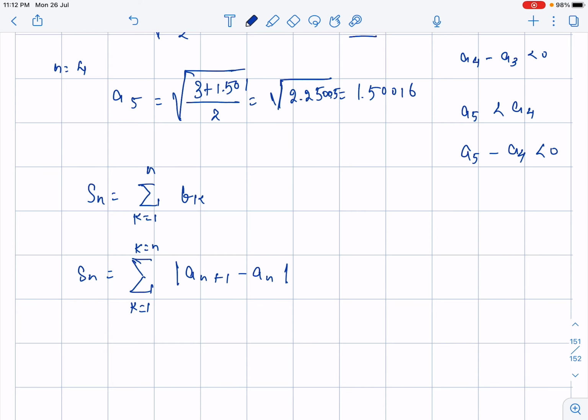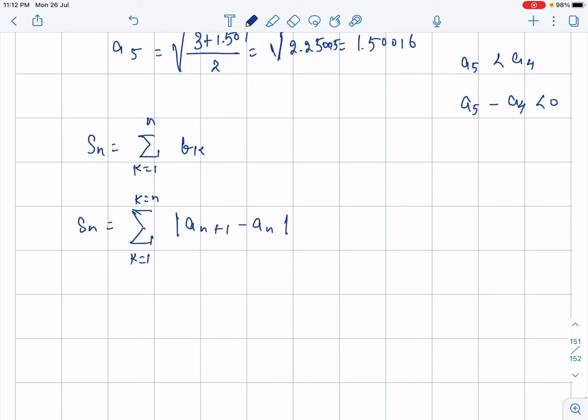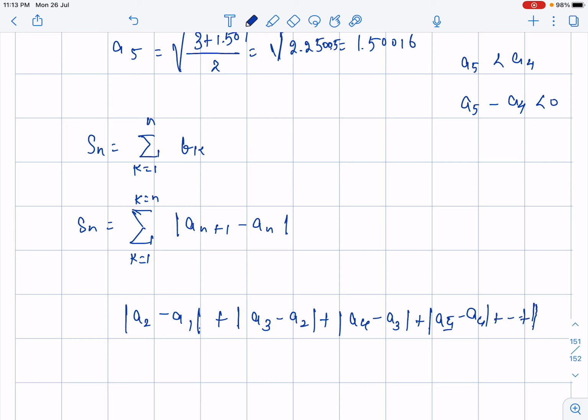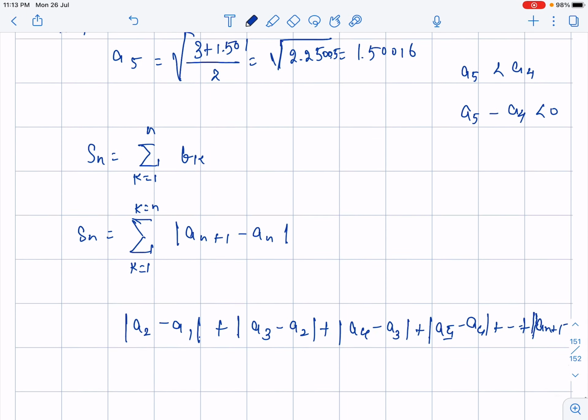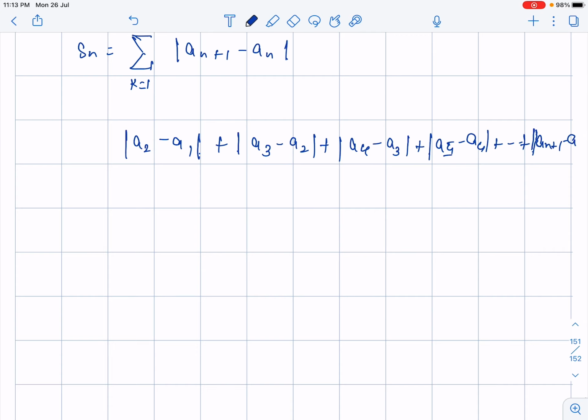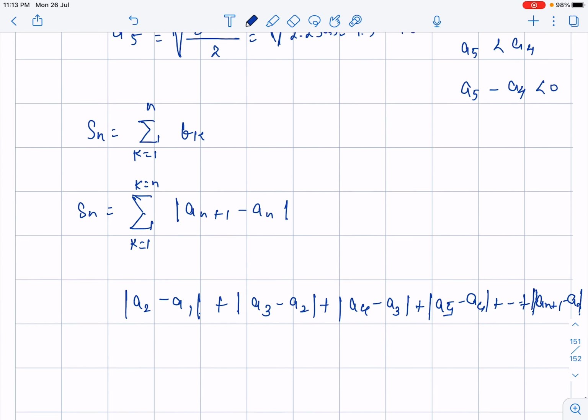Now proceeding further, n is equal to 1 will be generating mod a2 minus a1, n is equal to 2 will be generating mod a3 minus a2, then 3 will be generating mod a4 minus a3, then 4 will be generating mod a5 minus a4. It goes on up to, at the last, mod a(n+1) minus an written over here.